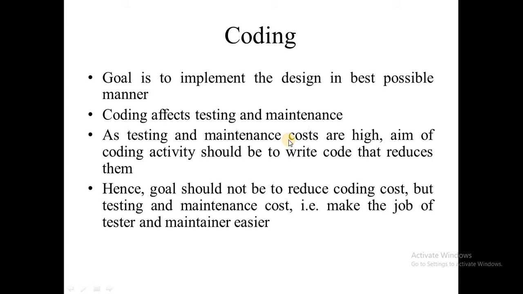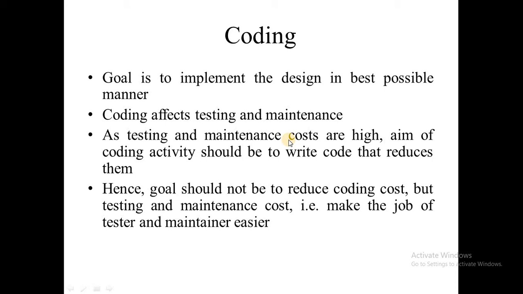Coding is one of the important phases in the software engineering process. The previous phase for coding is design, and after coding there are two phases: one is testing, and after that, maintenance.